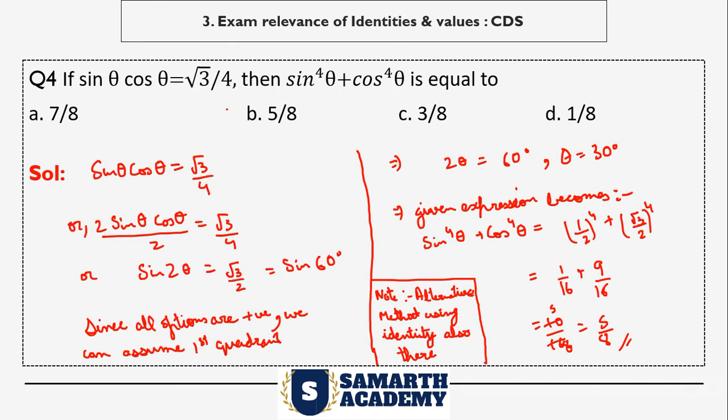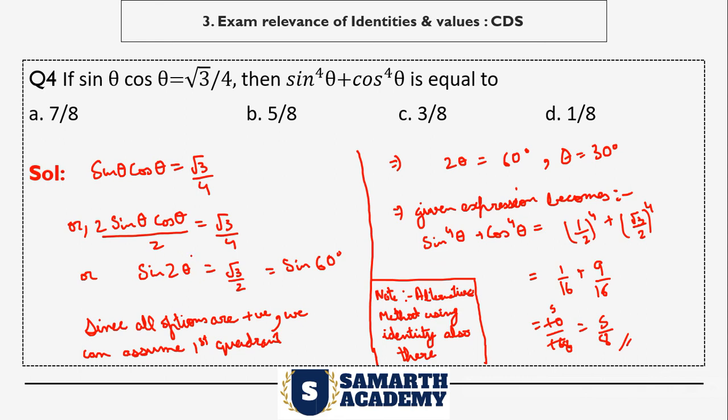Moving on. If sine theta plus cos theta is equal to root 3 by 4, then sine to the power 4 plus cos to the power 4 is equal to what? The required expression uses root 3 by 4, and sine theta cos theta can be converted to sine 2 theta, right? So sine 2 theta becomes root 3 by 4 into 1 by 2 into 2, because you have to take another 2 here to make it 2 theta.